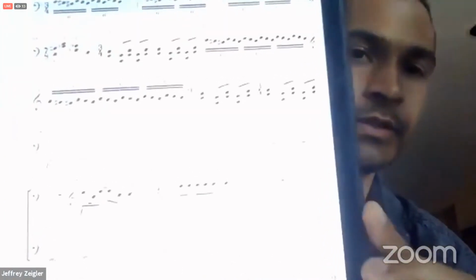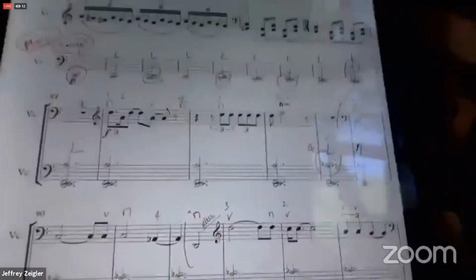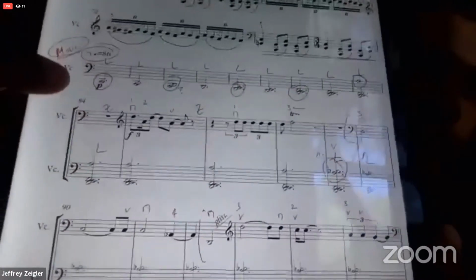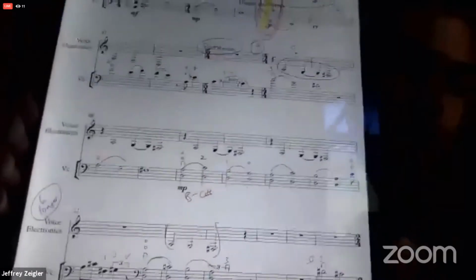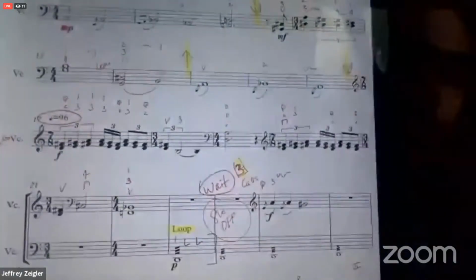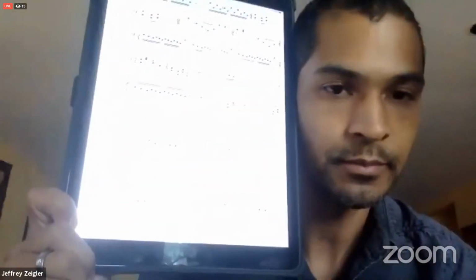And then let's see if I can, there we go. So you can see right over here these double stops. That is how she notated the loop. There we go. Okay, so I'm going to hit play now, and then I'll hold up the music.